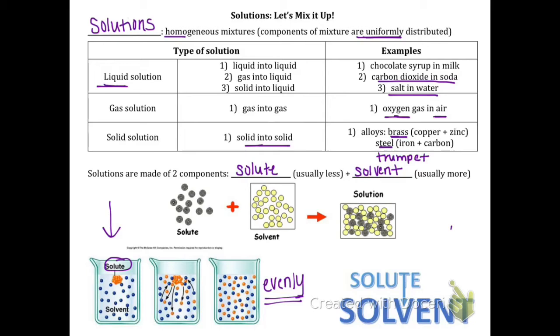So here's a little trick right here. Remember that the solute goes into the solvent. If you look at this picture here, you can see that solute is smaller than solvent. Okay, it's usually the smaller part, and the solvent is going to be the larger amount.